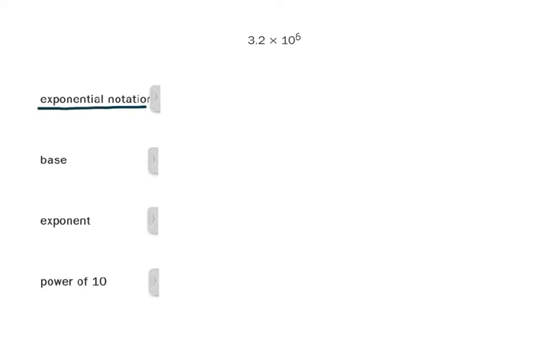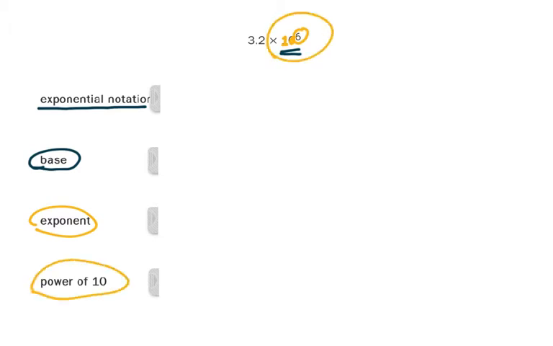Remember, exponential notation is where we're using an exponent. The base is the larger number that you are taking times itself, in this case 6 times. The exponent is the raised number, and the power of 10 is this whole thing where 10 is the base.